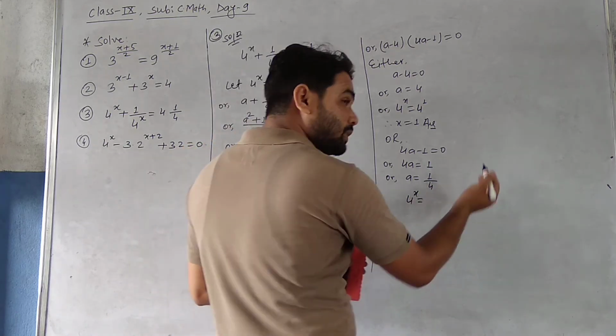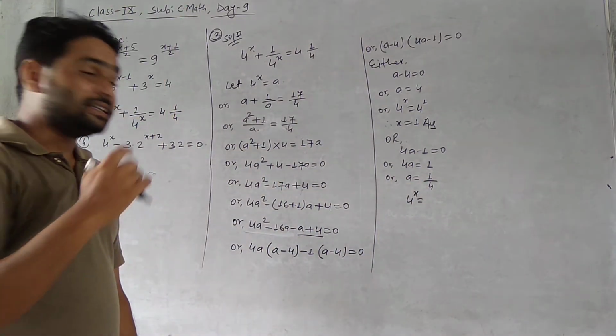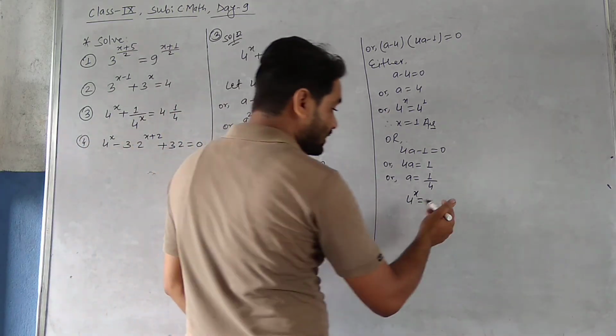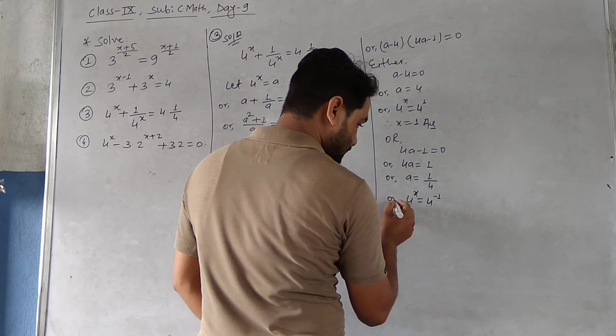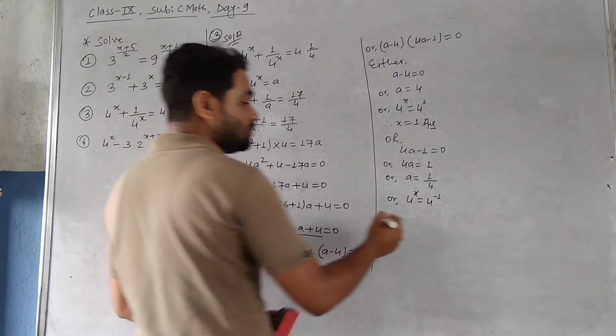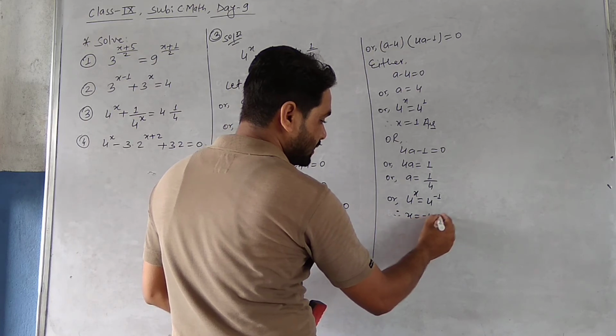Look here, 4 is in the denominator. When it goes upside, the sign of the power changes, so we get 4 power minus 1. If the base is same, then we can equate the power: x equals to minus 1.